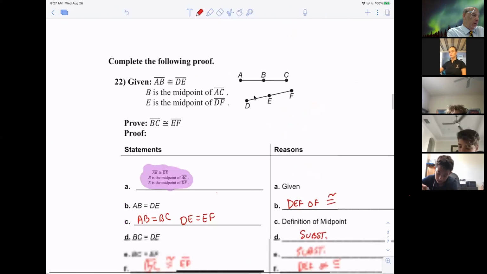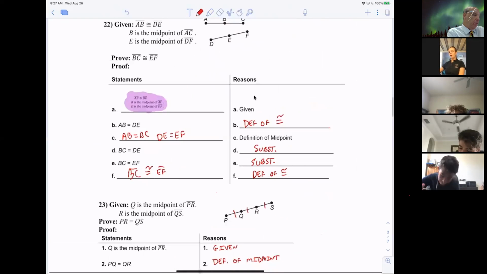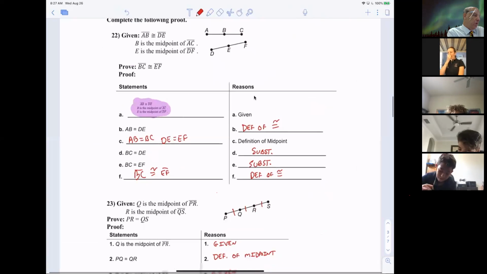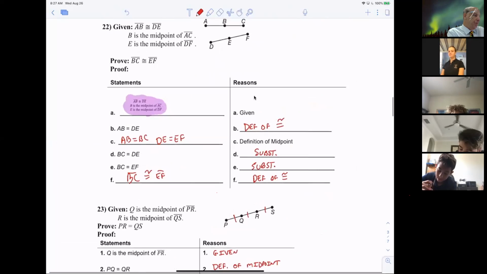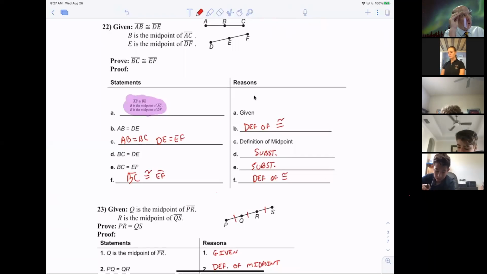Okay, so here we go. Let's flip through these proofs. Is 22 okay, guys? And remember, I really don't recommend you just writing in the answers, right? I need you to ask me if you weren't sure about something.